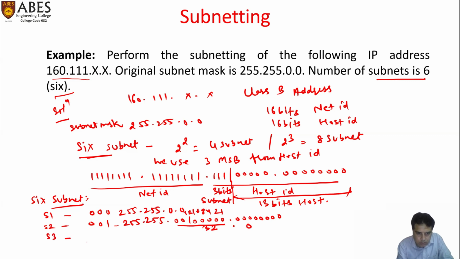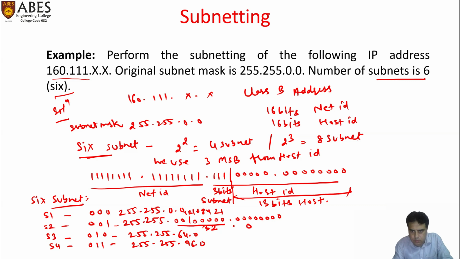For subnet 3, this is 0, 1, 0. That is 255.255.64.0. For subnet 4, it is 0, 1, 1. This is 255.255.96.0.